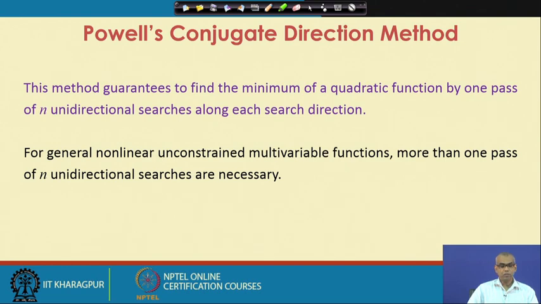Powell's conjugate direction method guarantees to find the minimum of a quadratic function by one pass of n unidirectional searches along each search direction. For general nonlinear unconstrained multivariable functions, more than one pass of n unidirectional searches are necessary.